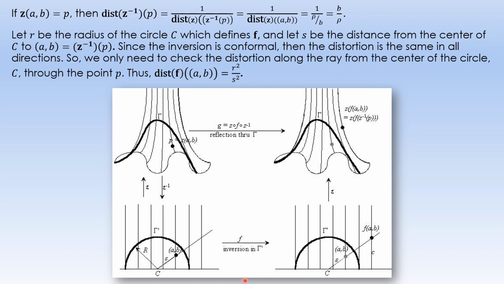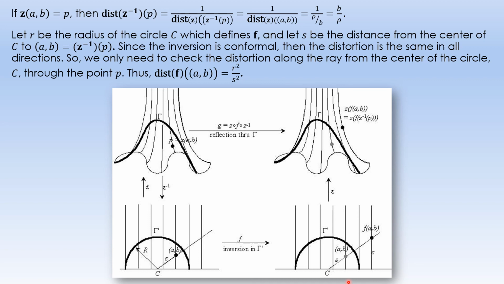So we really only need to check the distortion along this ray from the center of the circle C through the point P. Thus, the distortion of F at AB is equal to R squared over S squared by definition.